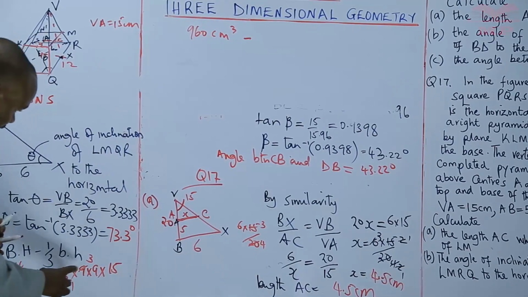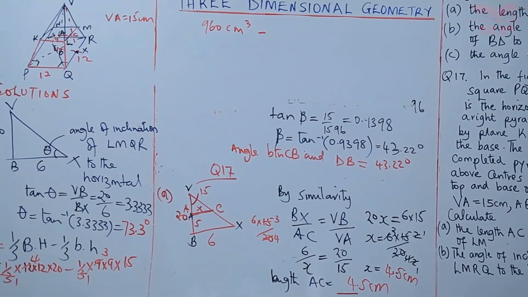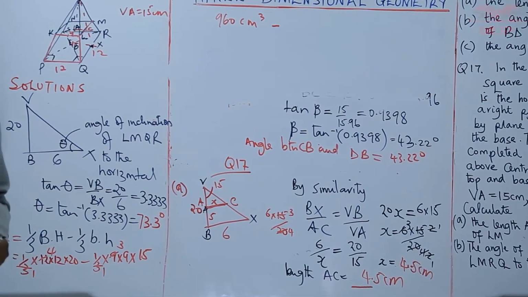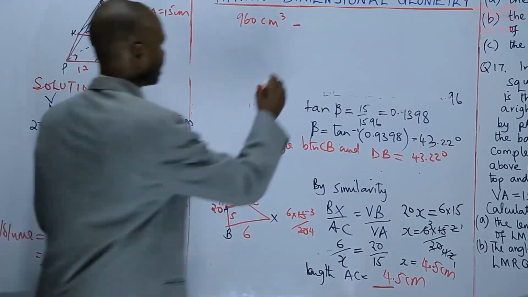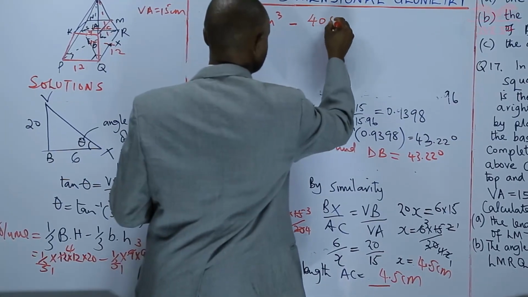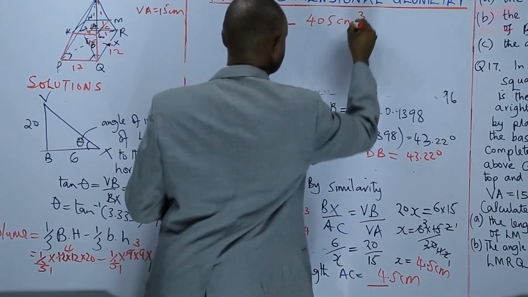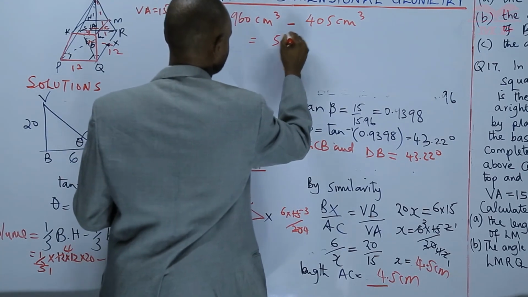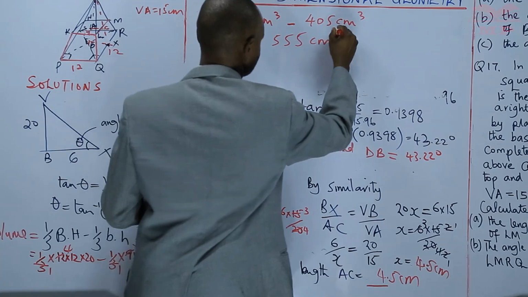Subtract, this is 27 times 15. You get 405 cubic centimeters. You subtract these, you'll get 555 cubic centimeters.